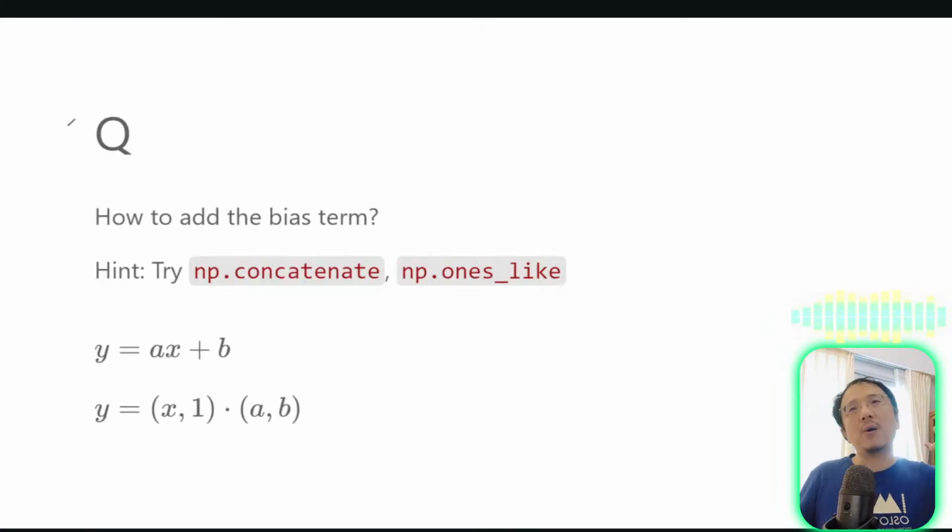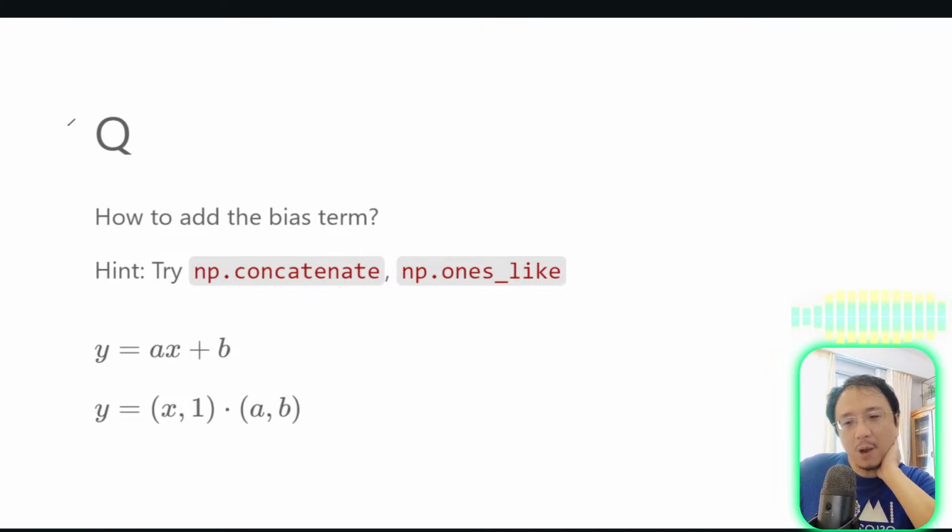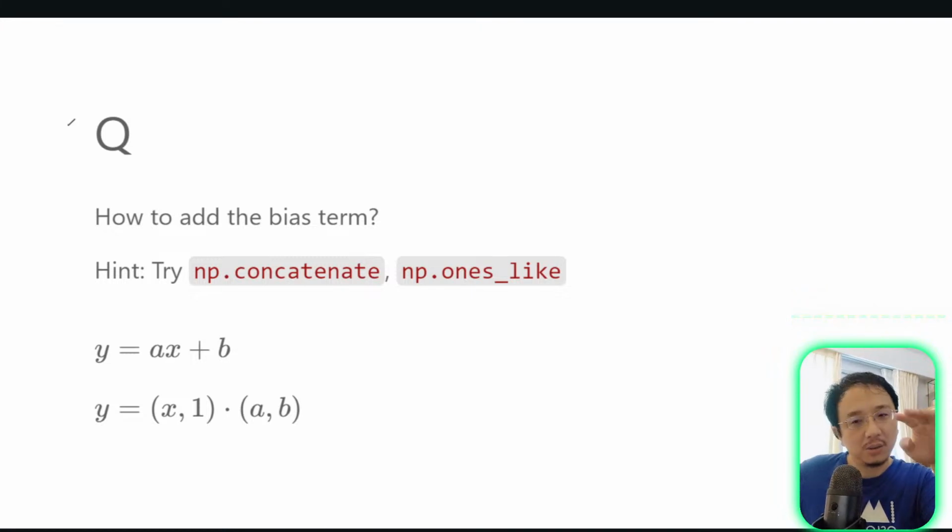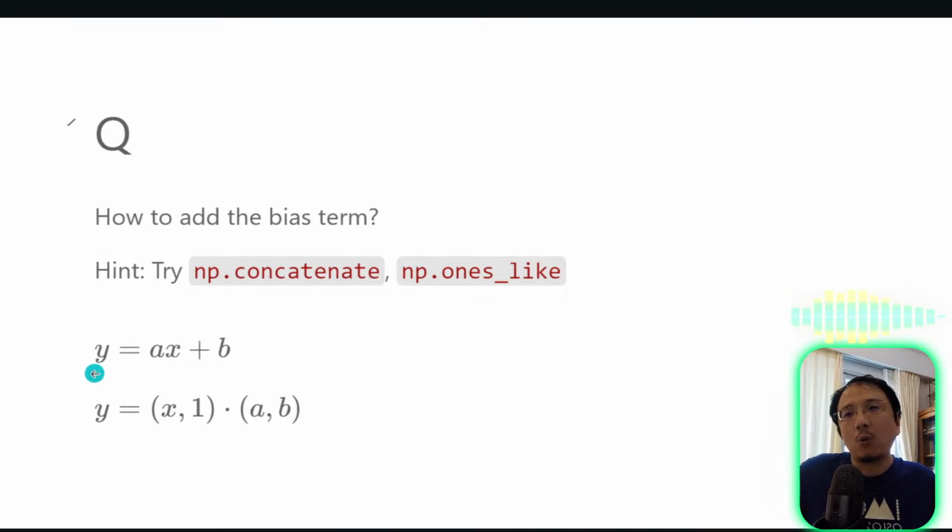However, one reason you might think that we should use Scikit-learn instead of the NumPy functions we just mentioned is because usually when we do a linear regression, we not only consider y equals ax, we consider something like y equals ax plus b.